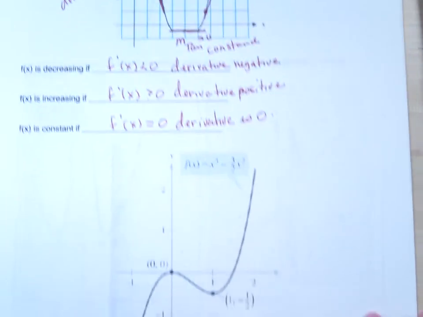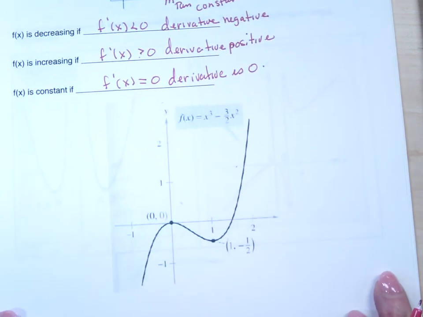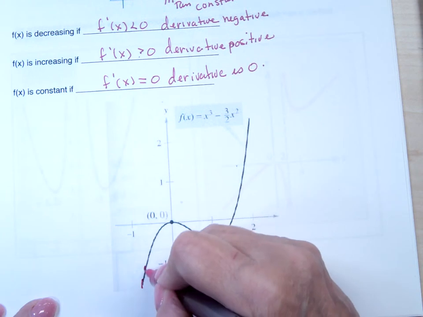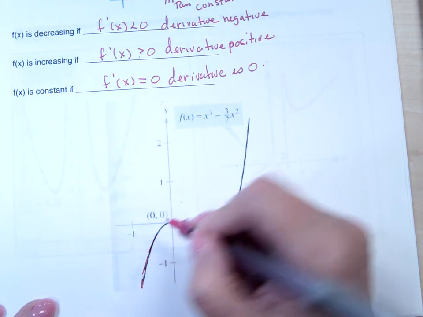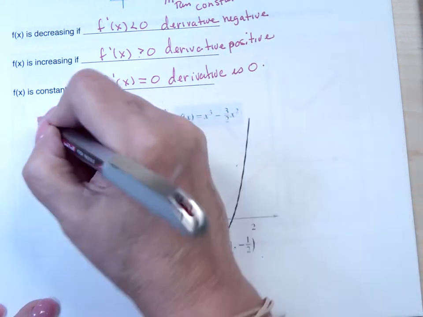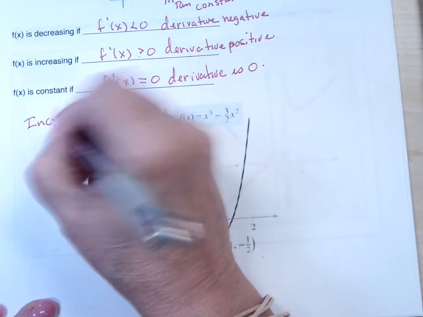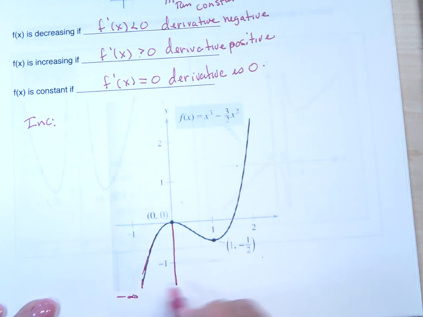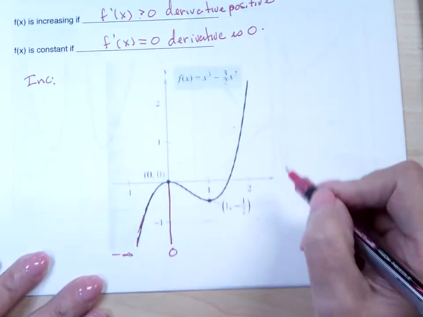So let's apply it to something that looks like this. Here I'm increasing, right? So increasing, and it looks like I'm increasing from minus infinity to 0.